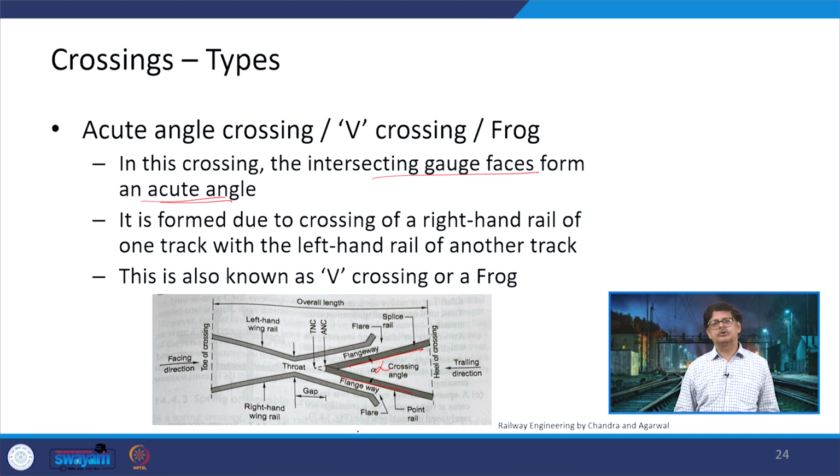It is formed due to the crossing of a right hand rail of one track, so if you are coming from this direction, this is the right hand rail, with the left hand rail of another track. So, this one will be the left and this one will be the right hand rail. That is how it is going to be created.